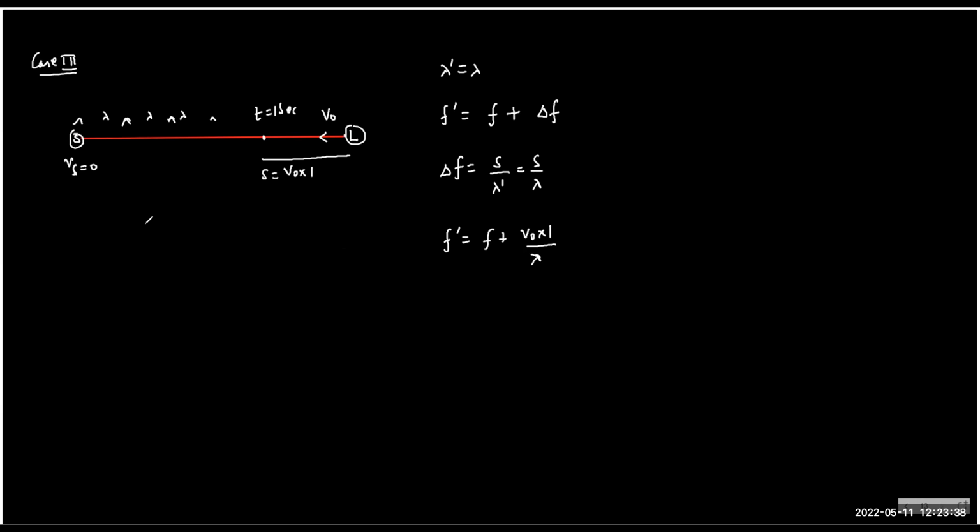So, what is lambda? The answer is VT. Therefore, the f dash, let's call it equation 2 and equation 1. So 1 and 2 will give you f dash equals f plus velocity of observer upon VT. But 1 by T we can call as f only.